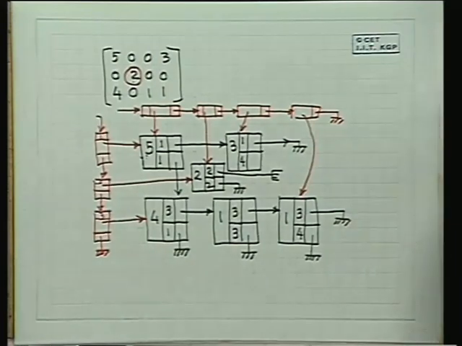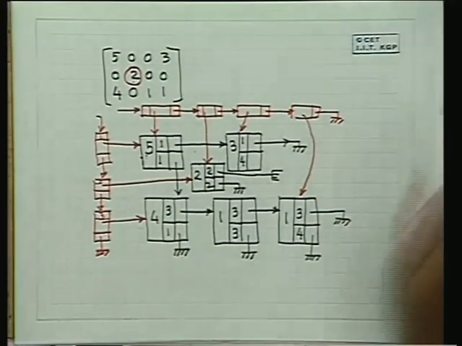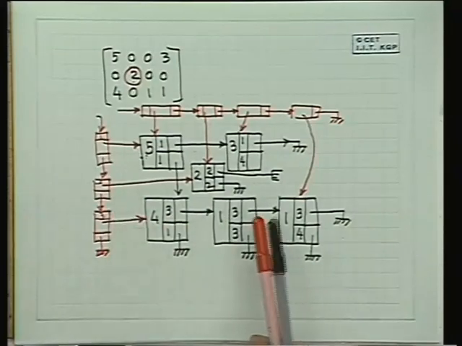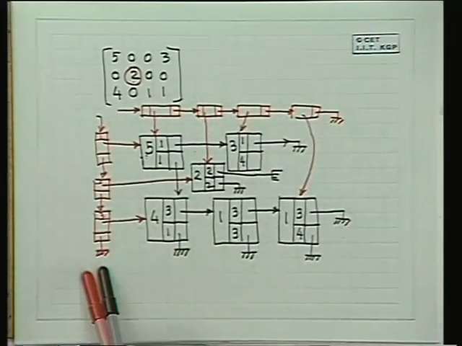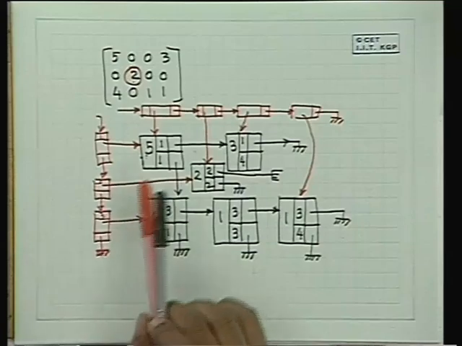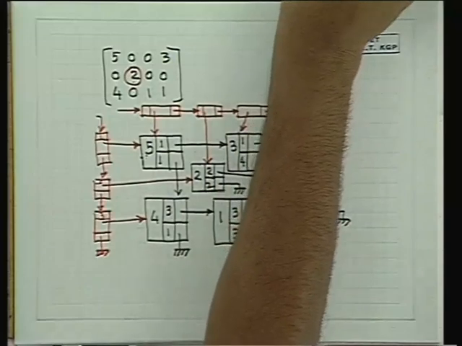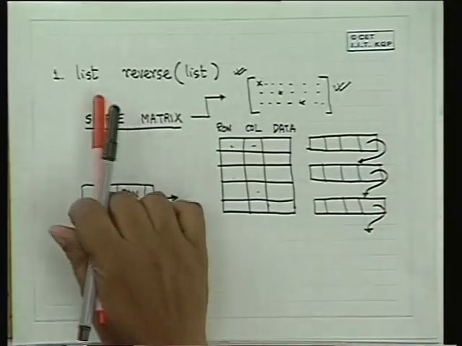So I ask you to plan out how you will solve a matrix multiplication and matrix addition problem, let us say, using such a definition, and secondly to write out, in a simple linked list, how you will, given a list, reverse its elements. So just try out these two problems as an assignment. We will start with more definitions on linked list and linked structures from the next time.